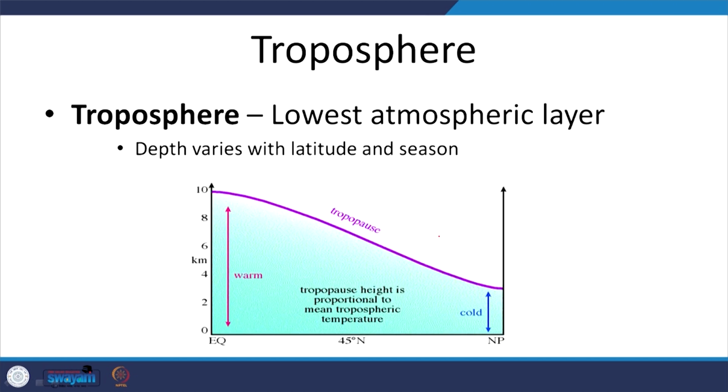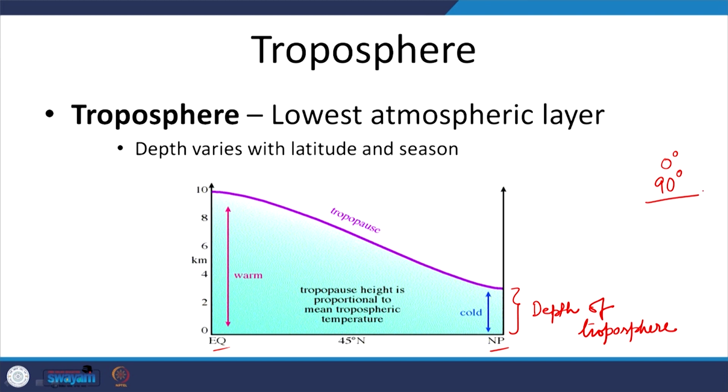Most important aspect about the troposphere is that the height of the tropopause, or the depth of the troposphere, varies from the equator to the north pole. NP is the north pole, and this is the latitude. So, the equator is at 0 degree latitude and the north pole is at a latitude of 90 degrees.